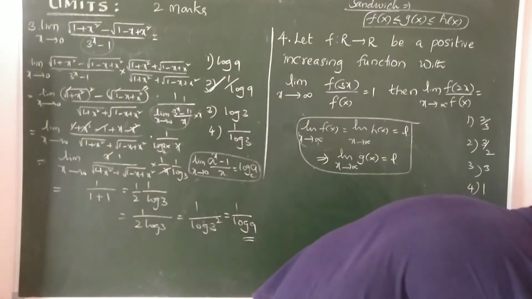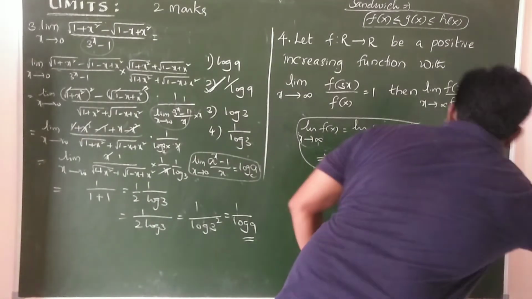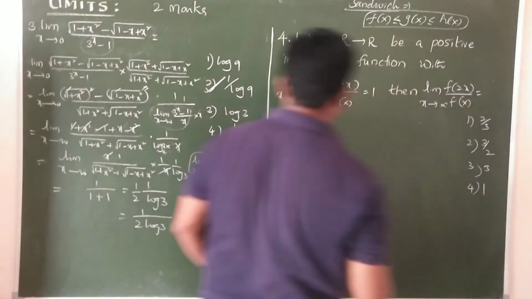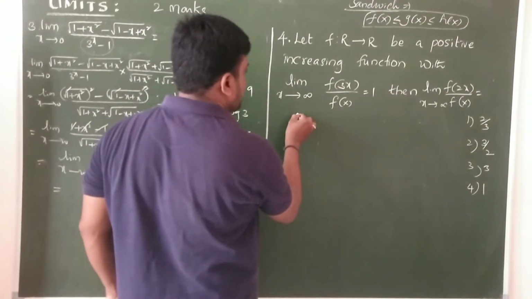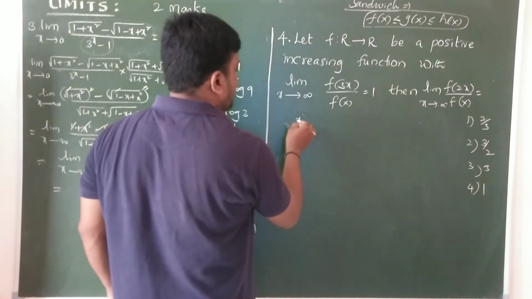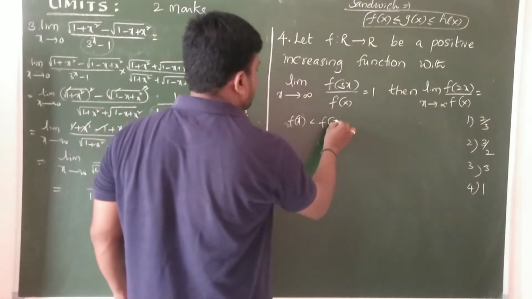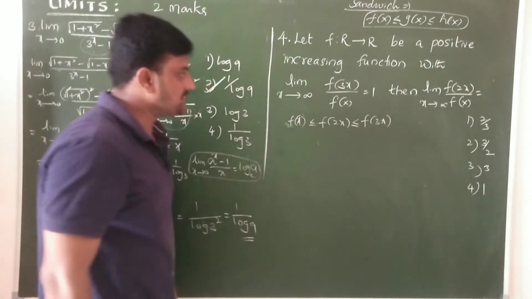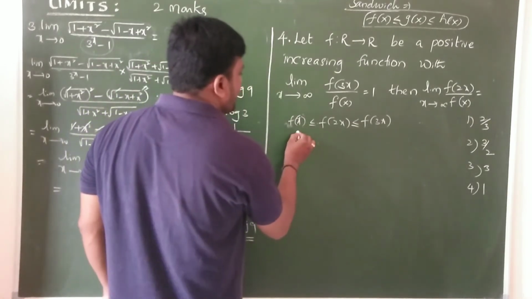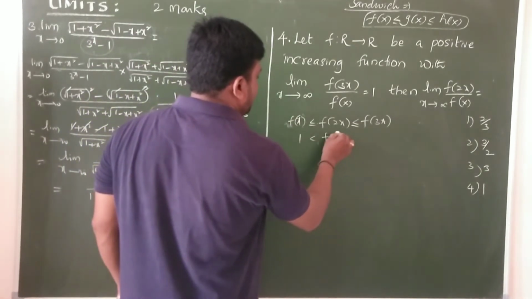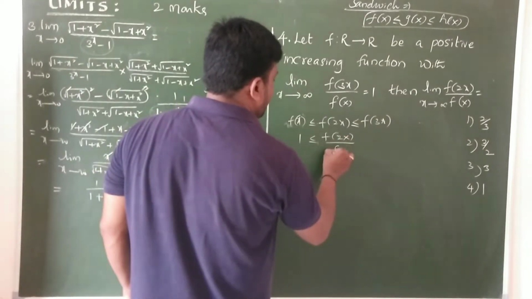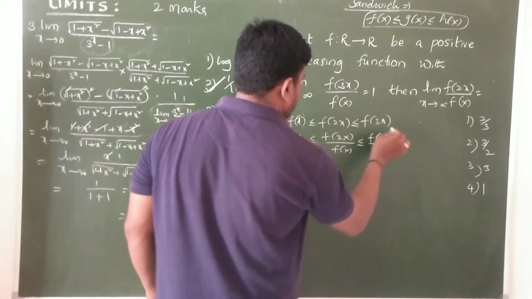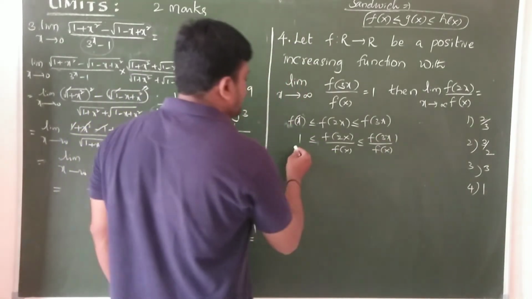Now take it like this: since f is increasing, f(x) < f(2x) < f(3x). Then shall I write it like this: 1 ≤ f(2x) by f(x) ≤ f(3x) by f(x). Now apply the limits.